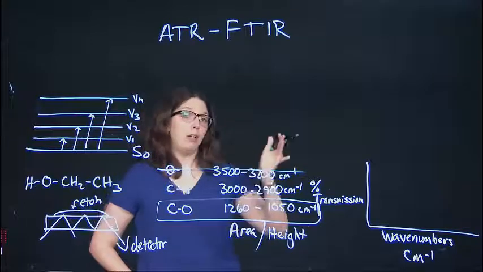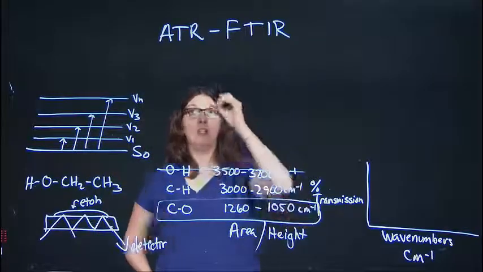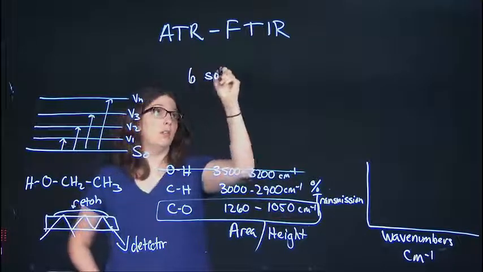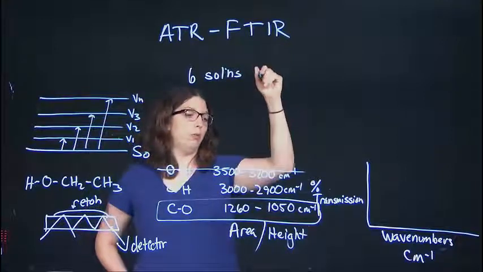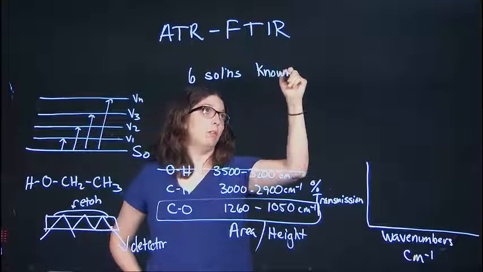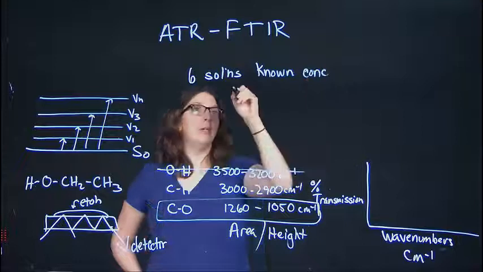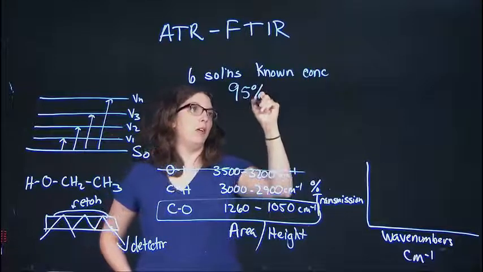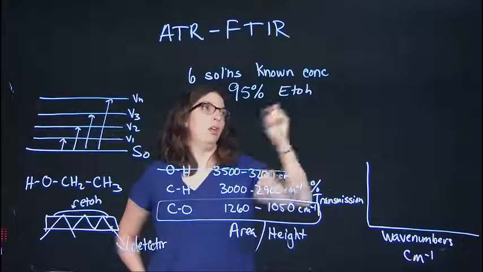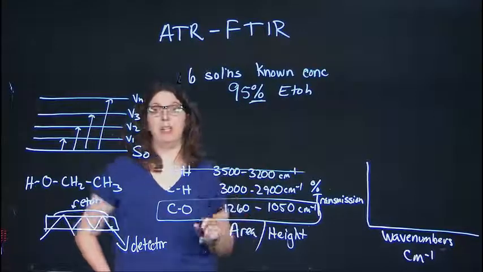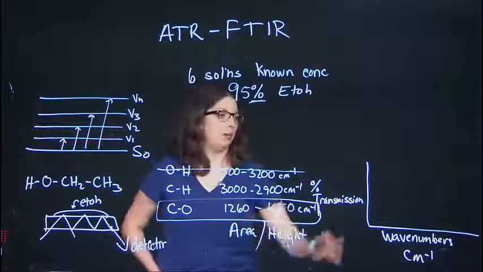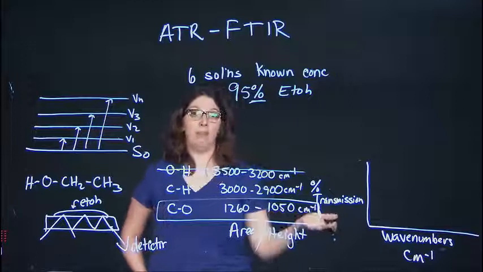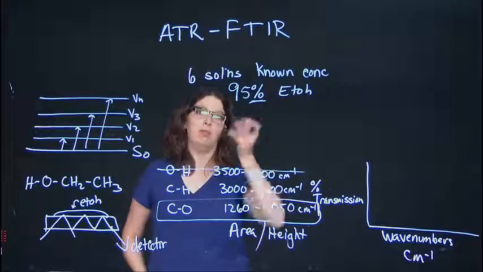So what other things are you going to do? You need to make 6 solutions with known concentrations, and you're going to be given 95% ethanol to do so. And keep your concentrations in percent. So it's going to make your life easier. For a few of the samples that have percent ethanol reported, obviously they're going to be in percent.